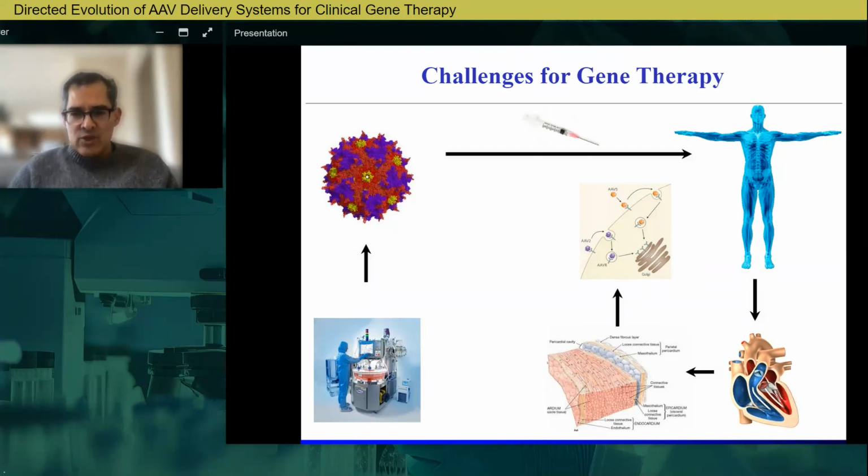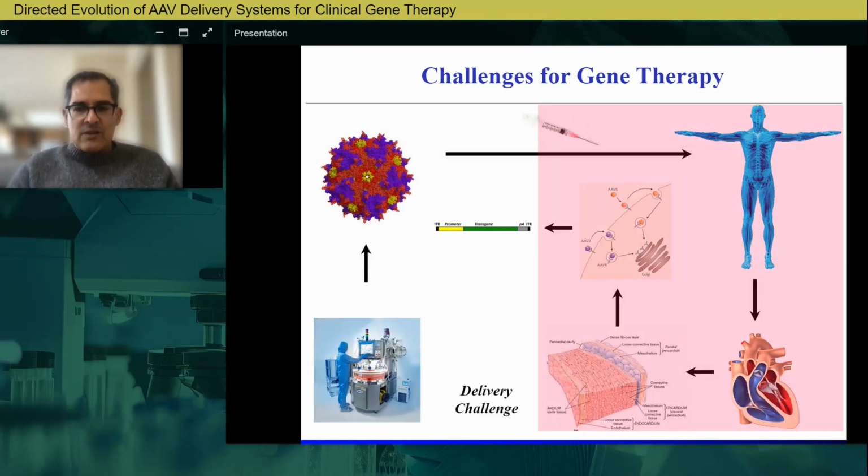It has nuclear localization activity that enables it to traffic to the nucleus. And then finally, once inside the nucleus, that capsid has to disassemble in order to release the actual active ingredient of the therapeutic, which ends up being ultimately a double-stranded DNA molecule that typically contains a promoter, a coding region, as well as other regulatory elements, including polyadenylation sequences. So that drug product itself is also very complex.